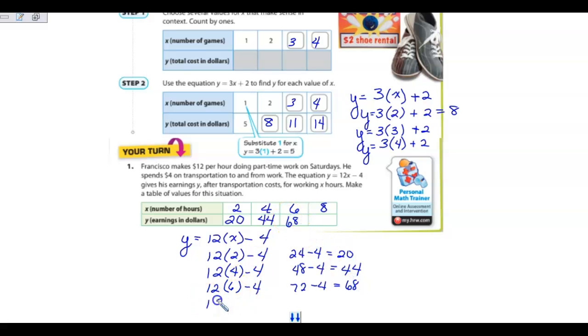And if he works 8 hours, $12 times 8 is 96. 96 minus 4 is 92. So he'll bring home $92 that day. So we have our input, which is our x value, and then we have our output, which is our y value, which is what we're looking for.